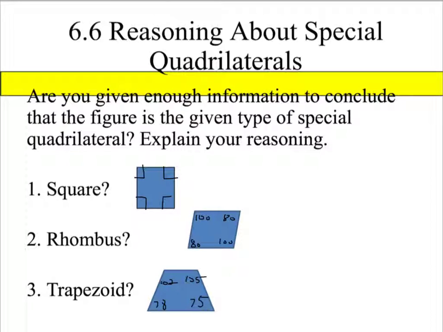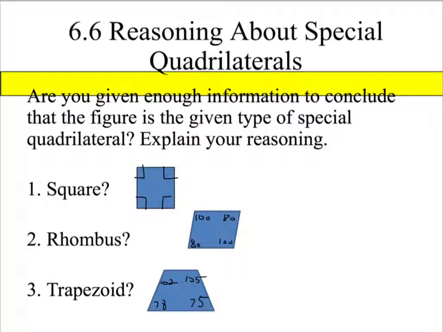Looking at this, I want you to write down these directions. You can use these directions for the next slide as well. Then write down the shapes along with the information we know inside these shapes. Then explain your reasoning: is number 1 truly a square? Do we know that it's a square? Tell me yes or no, and then why.